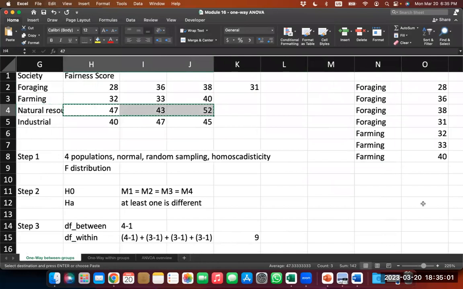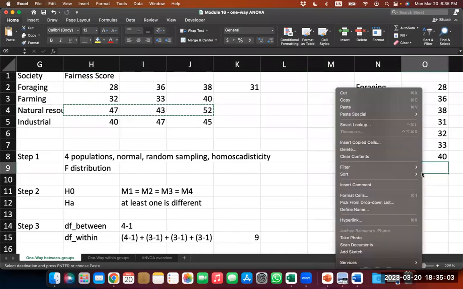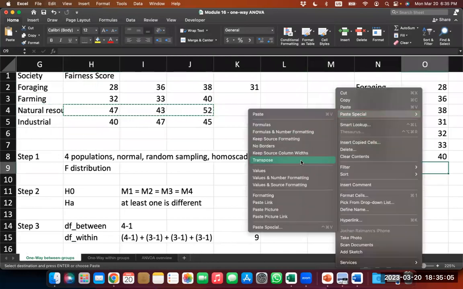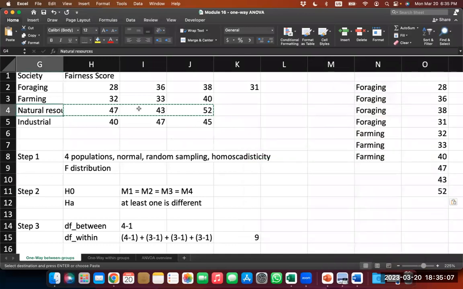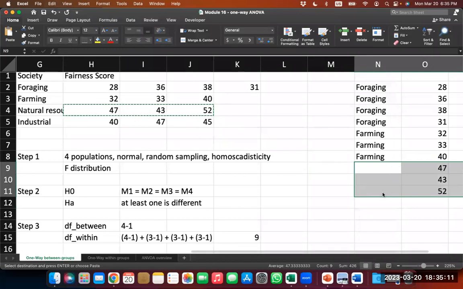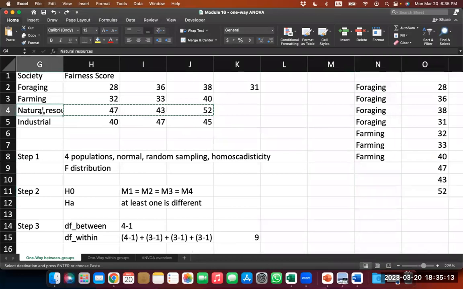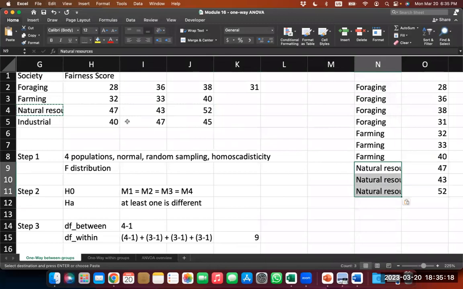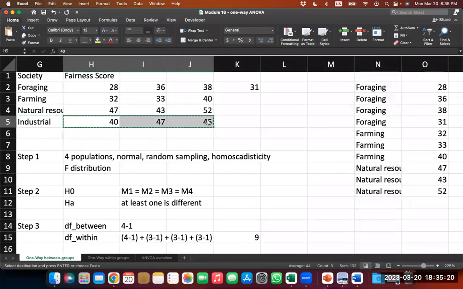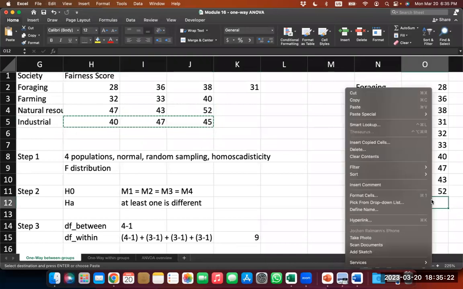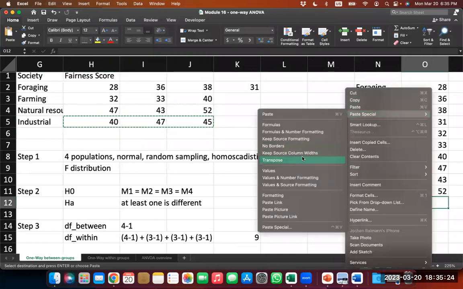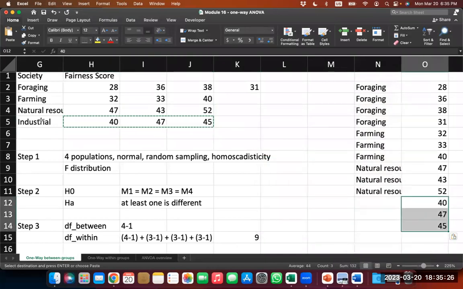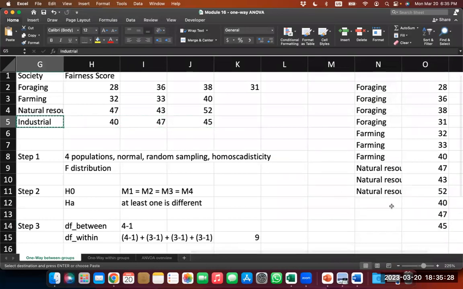Do the same for natural resources. Transpose. Okay, oops, not good. And then lastly, we take industrial.